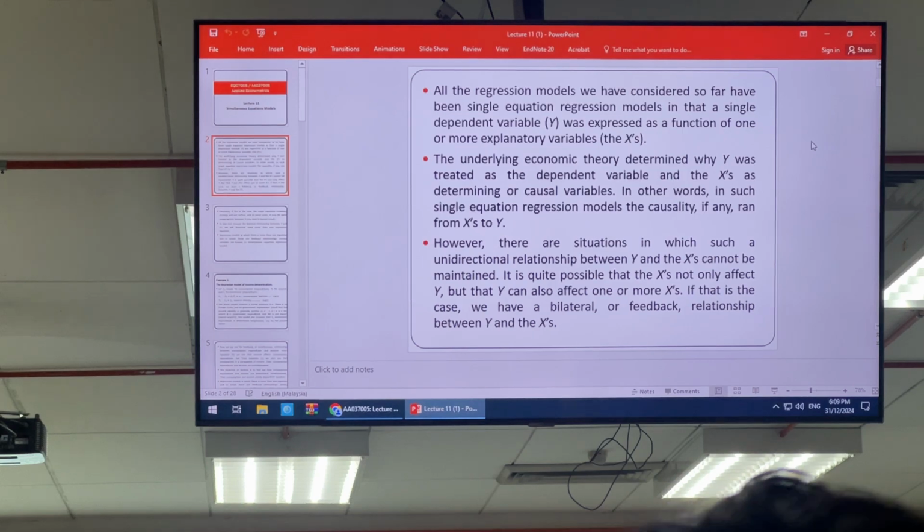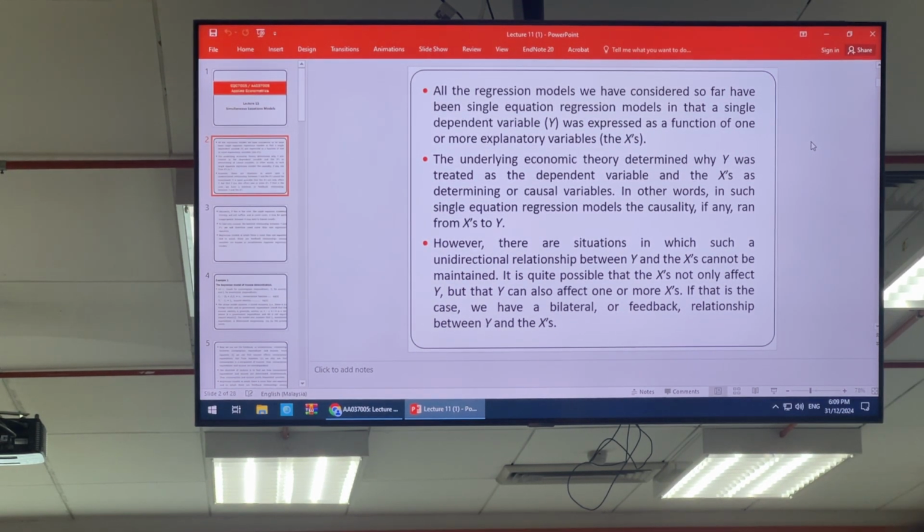The underlying economic theory determined y as the dependent variable and x as the determining causal variable. So in other words, in such a single equation regression model, the causality, if any, ran from x to y, from the regressor to the dependent variable only.